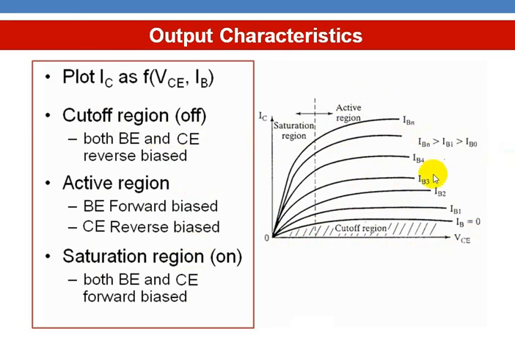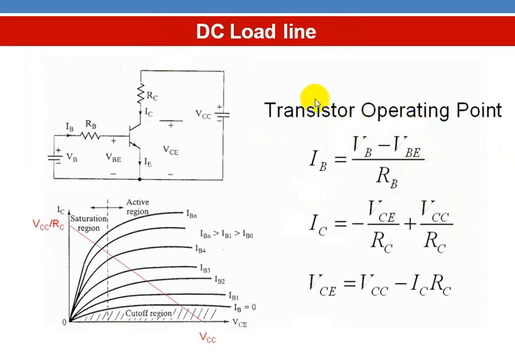Here the curves are drawn for different base currents. IBN is greater than IB4, IB4 is greater than IB3, and so on. So if you increase the base current, the collector current also will be increasing. And let us see about the DC load line.